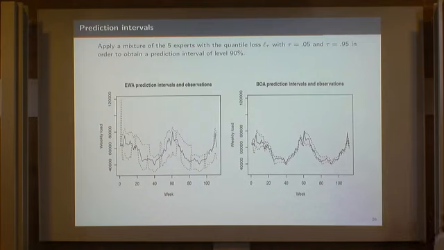That's the interval of prediction produced by the exponential weights on these 5 experts, and you can see that they are really too bad to be competitive.